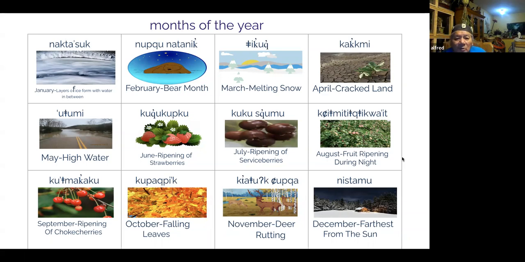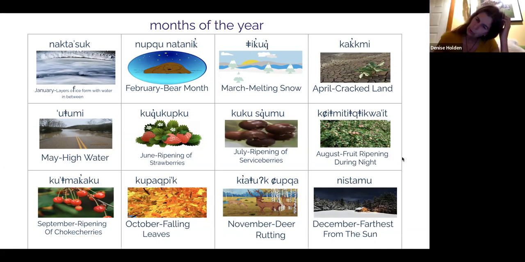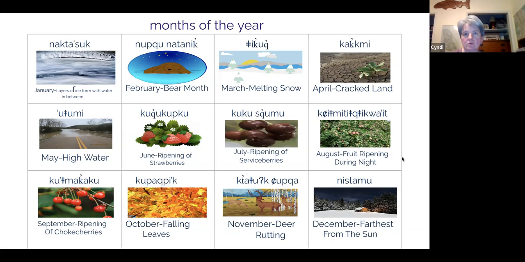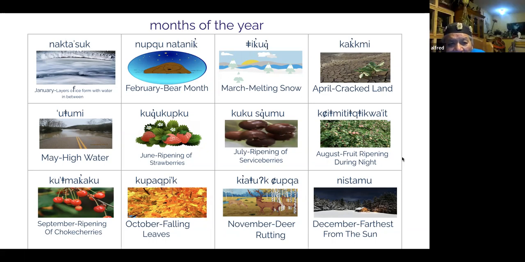And then February is Nupko Natanik. That is the month, it's called bear month, because that is the time where the baby cubs are born.